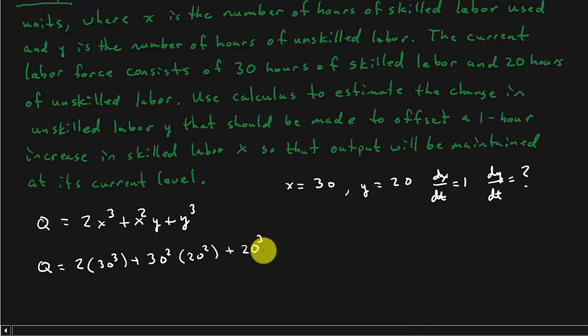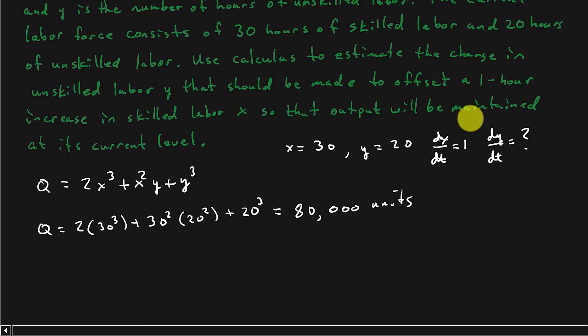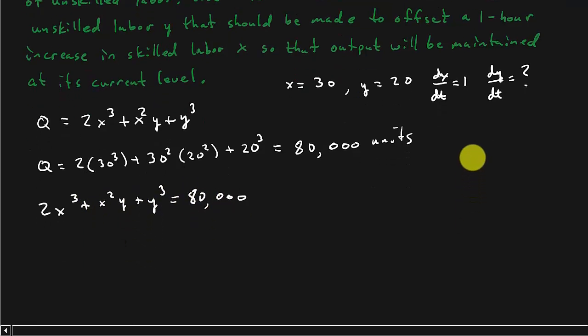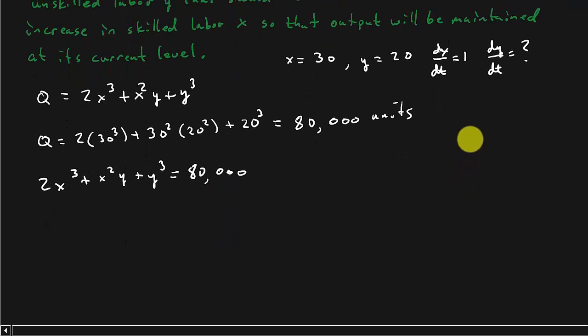We just plug all that in, and that's going to be 80,000 units. Okay. So now we have an equation. We've got 2x cubed plus x squared y plus y cubed equals 80,000. So now let's take the derivative of that.